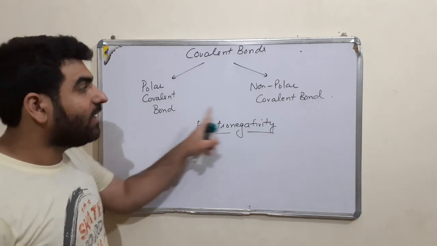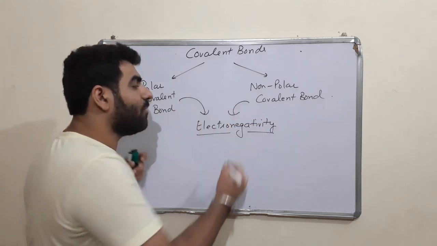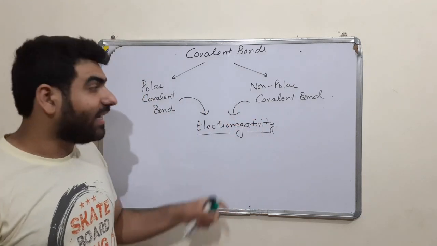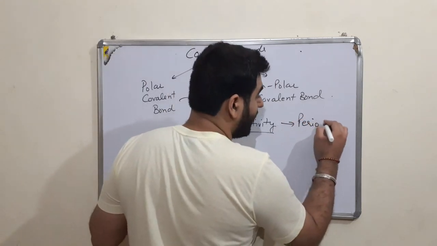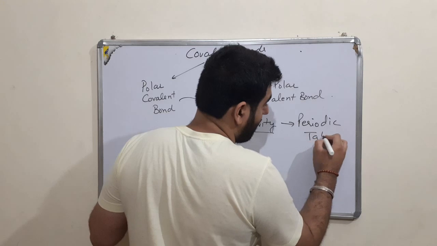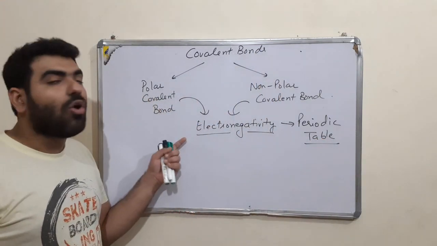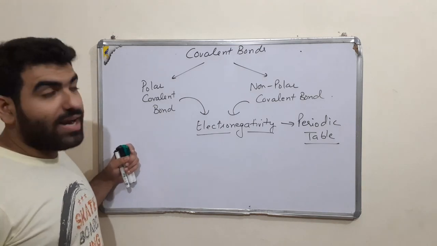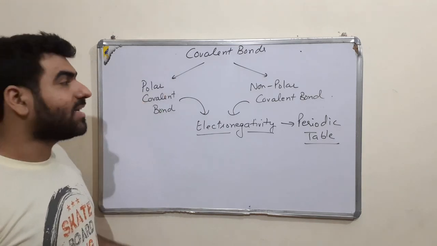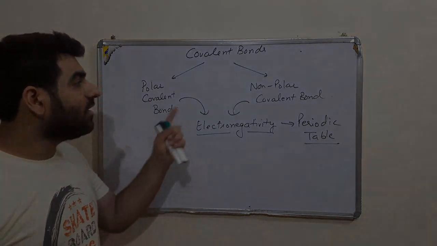Polar covalent bond and non-polar covalent bond are all based upon this very important topic of electronegativity, which we have already discussed in the modern periodic table. Just go through either from your book, from the internet, or from the YouTube videos, as I have made a lecture on this. Then in the next video we'll discuss in detail the polar as well as the non-polar covalent bond.